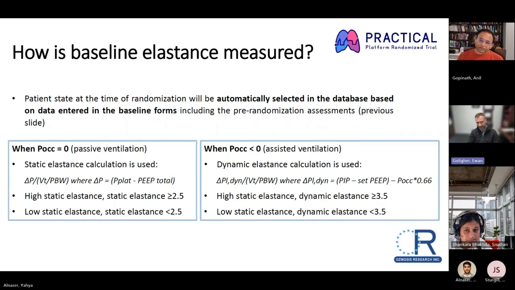And because it's a dynamic pressure and incorporates a resistive component, the threshold for high dynamic elastance is higher. So if it's at or above 3.5, then the patient gets classified as high elastance. And if it's below 3.5, the patient gets classified as low elastance. And then that's how they're randomized accordingly.